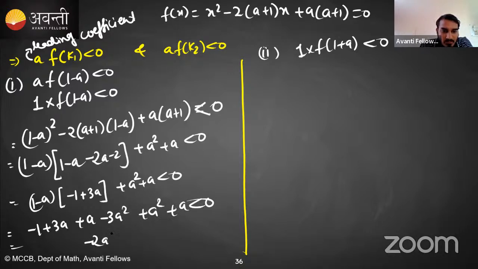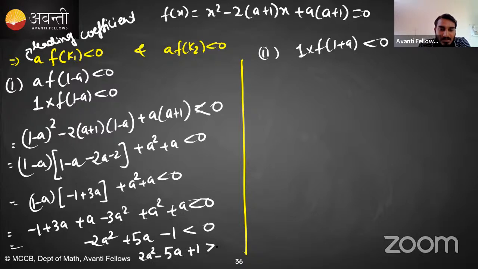Minus 2a square. What is the coefficient of a? 3a, 4a, 5a. Minus 2a square plus 5a minus 1 less than 0. Yes or no? Clear? So this is nothing but 2a square minus 5a plus 1 greater than 0. Is this clear?